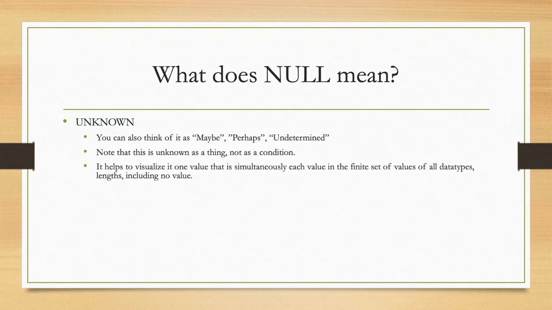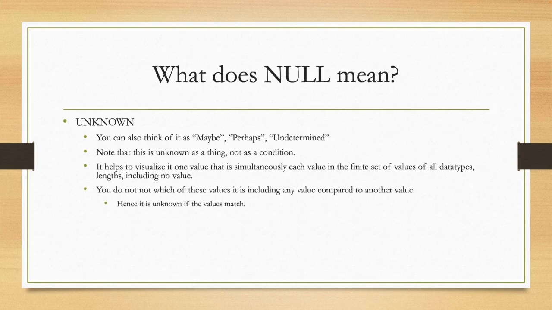I'm not saying null is a thing that you can compare other things to, because you can't even compare it to itself, because two values of null are different just by their nature. So you don't know which of these values you're comparing to. So it's always unknown if values match.